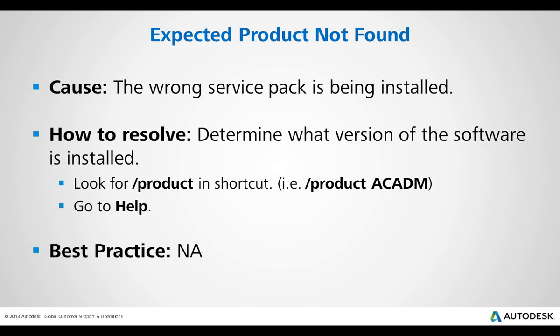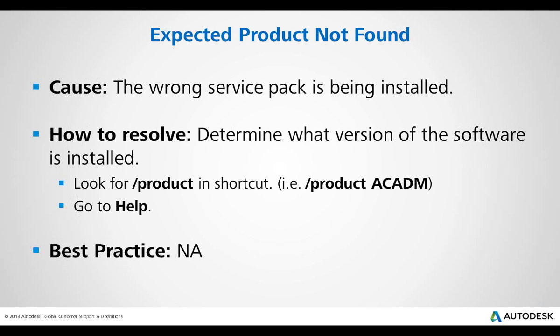So the product itself is actually AutoCAD Mechanical running a vanilla AutoCAD profile on it. So it looks like AutoCAD when you launch it, but isn't actually vanilla AutoCAD. It's AutoCAD Mechanical underneath, therefore requires the AutoCAD Mechanical service pack.